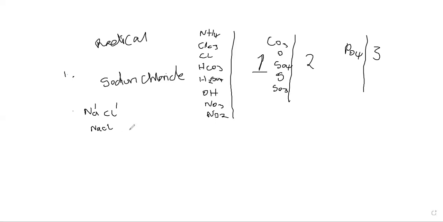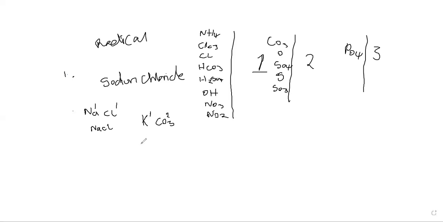What about potassium carbonate? Potassium symbol is K. It's in group 1. The valence is 1. Then carbonate, CO3. Carbonate is a radical and has a valence of 2. So you exchange these two.